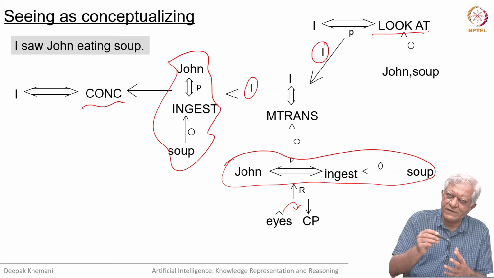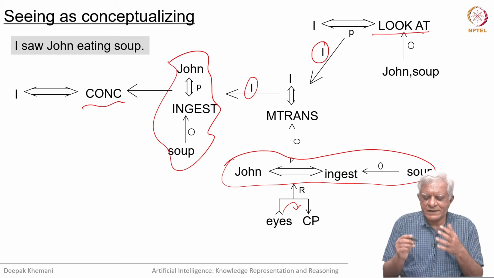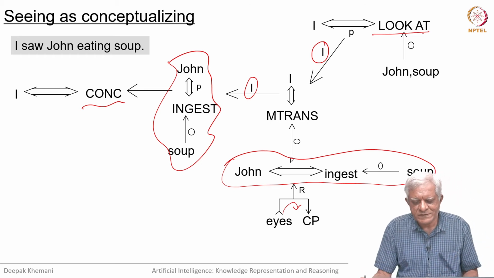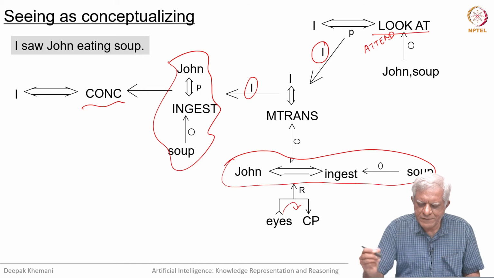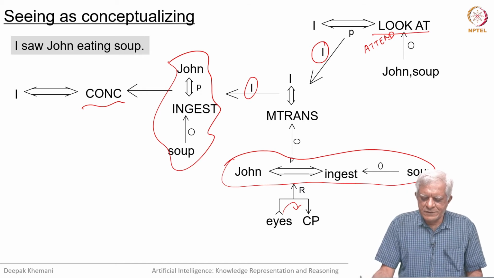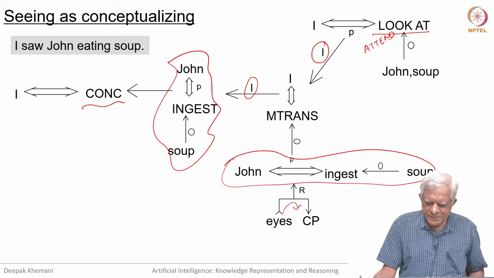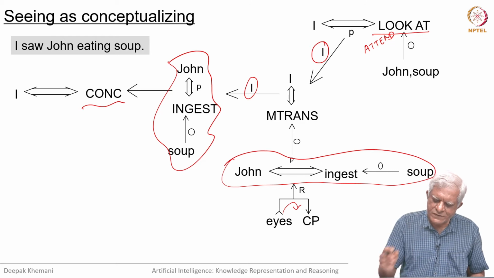So, look at was in one version of CD theory, attend I would be in the current version that we are talking about. So, it could have been attend. So, attend I to the scene of John and soup.